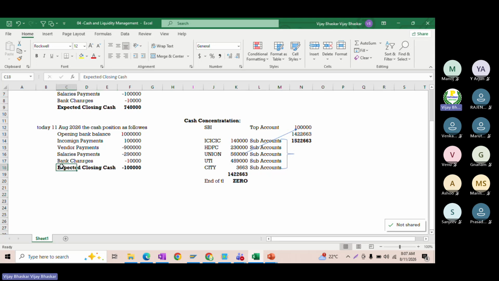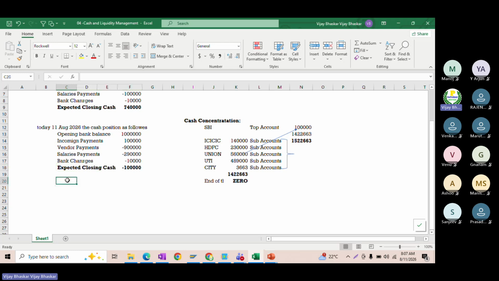The management, or the treasury department, has to arrange the funds in order to run business operations on 11th of August. There is a cash deficit of 1 lakh rupees. This cash should be arranged by the treasury department.